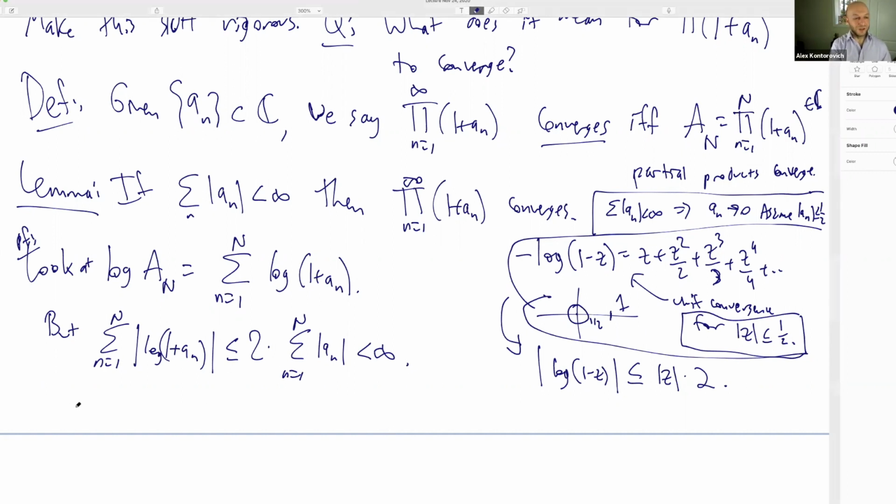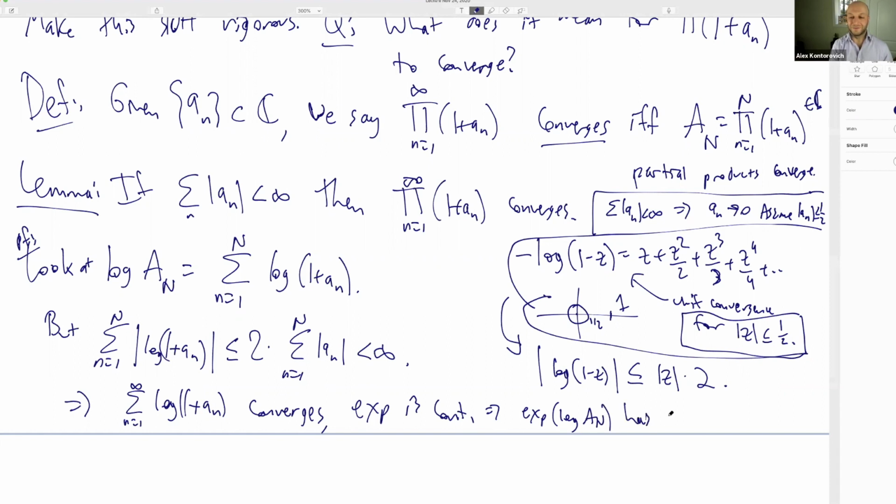And so that implies that the sum of the log of 1 plus ANs converges, has a limit, and the exponential function is continuous. And so this also has a limit. So exp of the sum of the logs has a limit. That is, the partial products have a limit. Does that make sense?